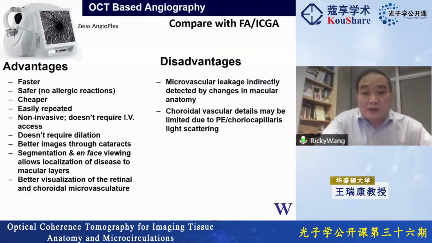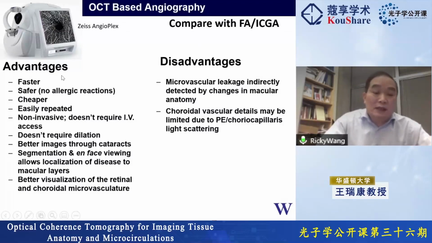And so this is a summary slide for how OCT is useful compared to the gold standard of the clinical practice. As I mentioned, the gold standard of the clinical practice is the fluorescein angiogram or ICG angiogram. So FA and ICGA are invasive approaches.